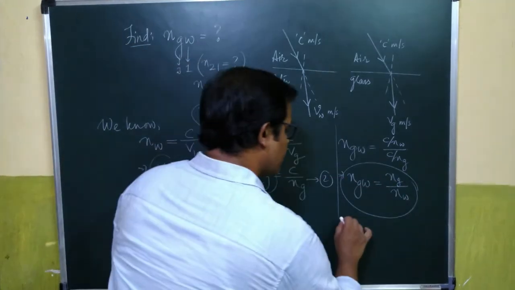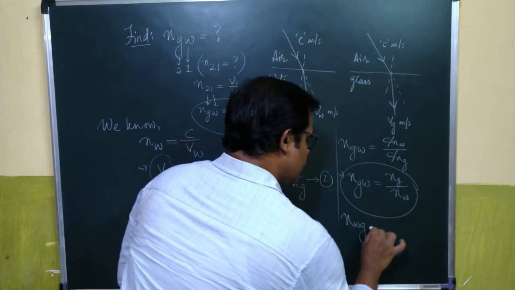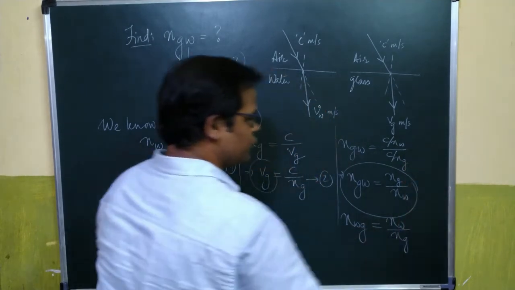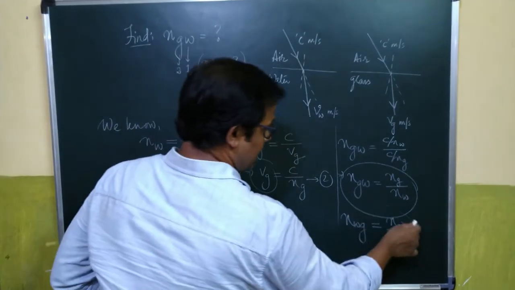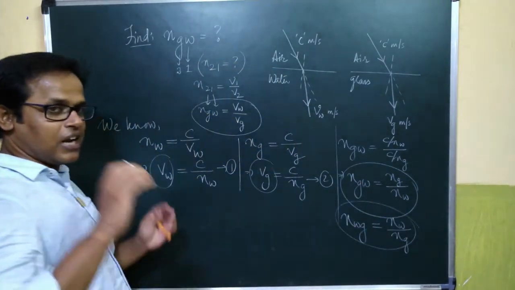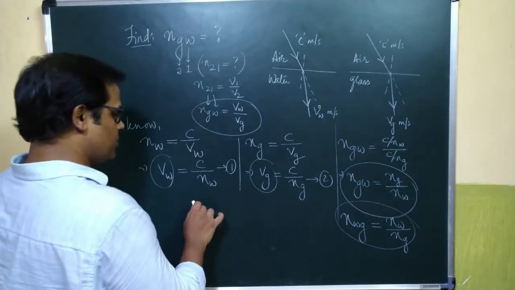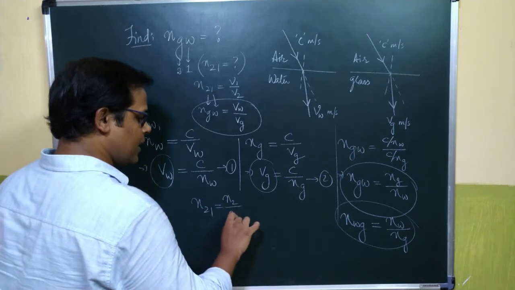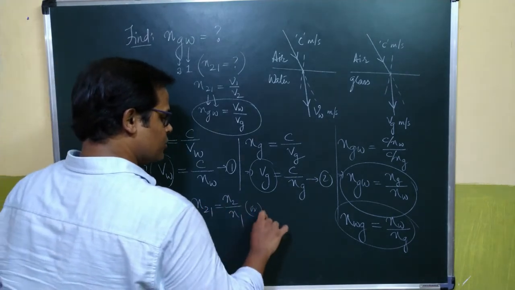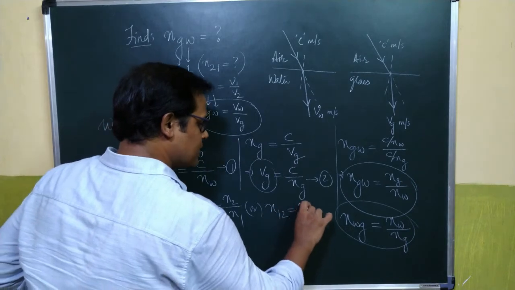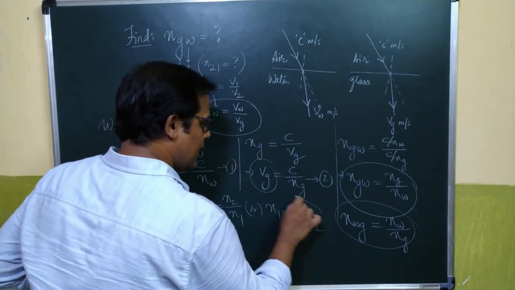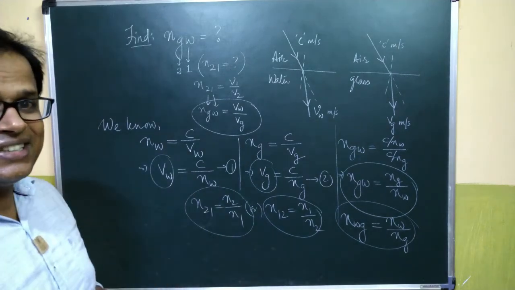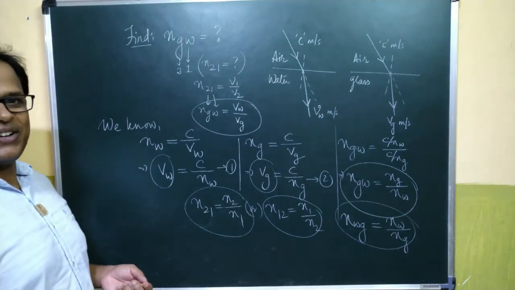Or even if I had asked you NWG, the answer would have been NW by NG. That's it. My dear, it's all about generalization, clarity in your hand. So N21 can be written as N2 by N1, or N12 can be written as N1 by N2. Both are absolutely correct. Hope you got it right.